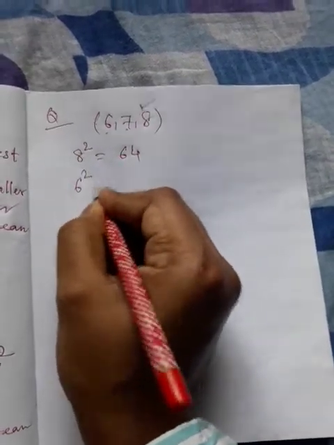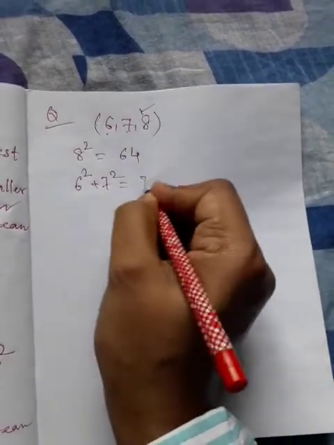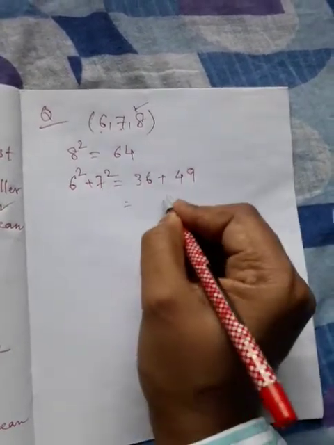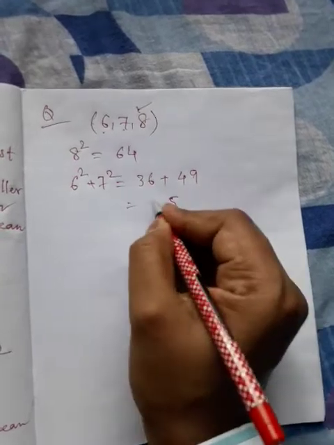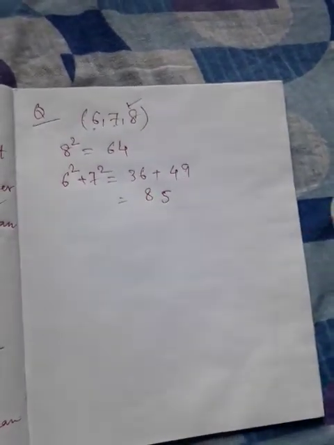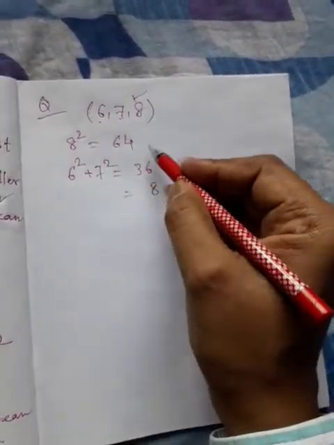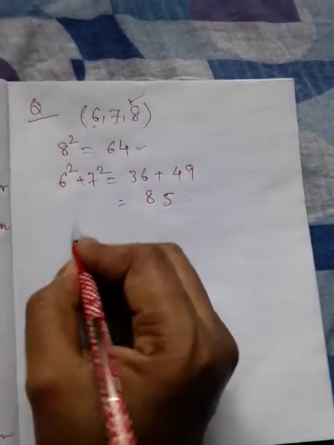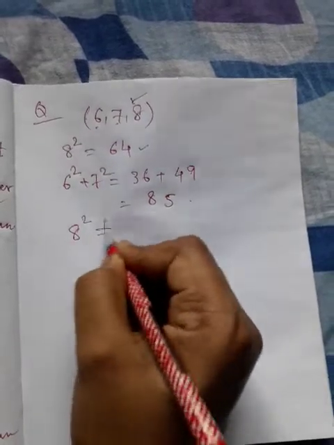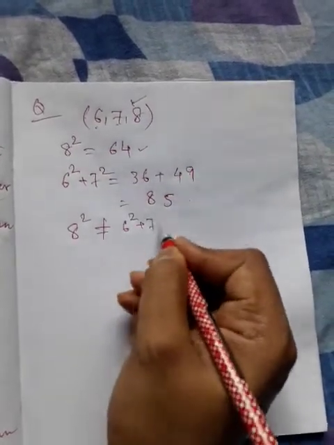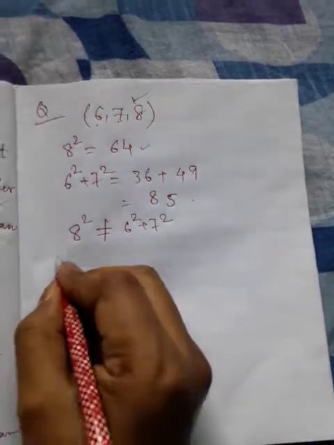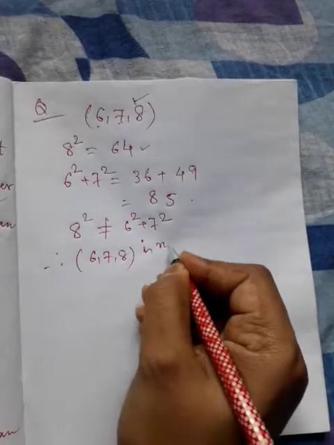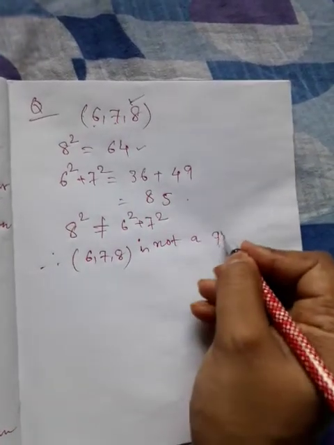Check: 6 square plus 7 square equals 36 plus 49 equals 85. Now here we see that 64 is not equal to 85. So 8 square is not equal to 6 square plus 7 square. Therefore 6, 7, 8 is not a Pythagorean triplet.